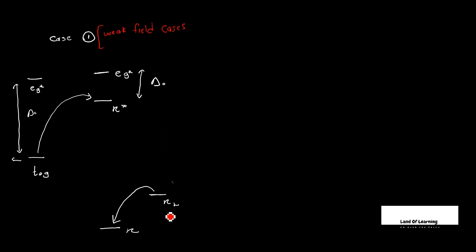The ligands which contribute to this effect and reduce our delta value, we call weak field ligands. So mostly high electron density ligands, such as chloride and bromide, are most likely weak field ligands, right?